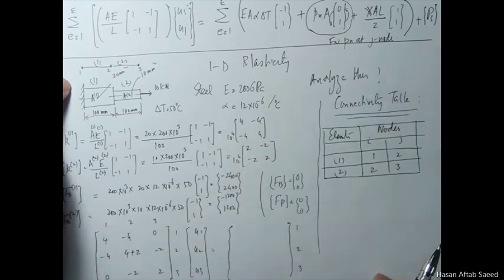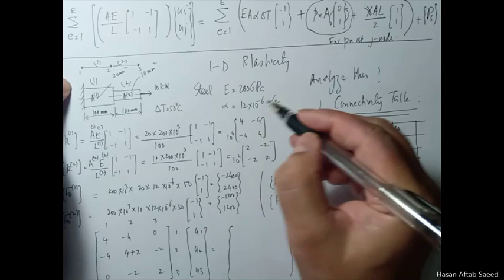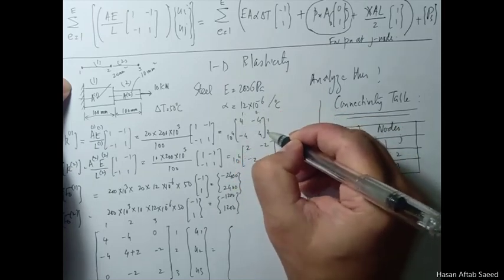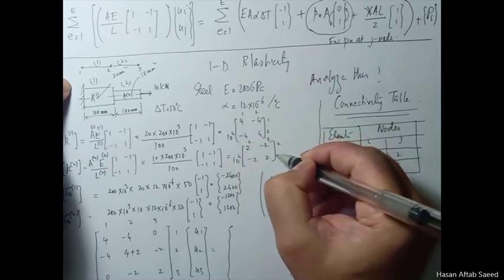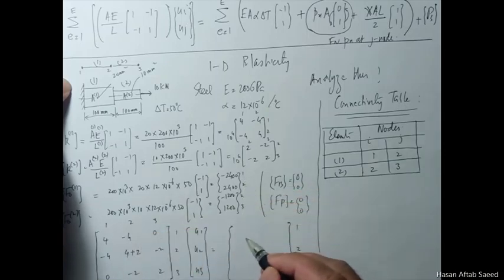How about forces? For forces you do the same. The first force should occupy 1 2, and the second one 2 3. Minus 2400, 2400 in the second place. Second one minus 1200, 1200, so it takes superposition, and 1200.